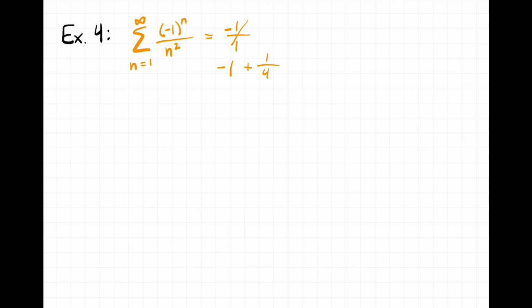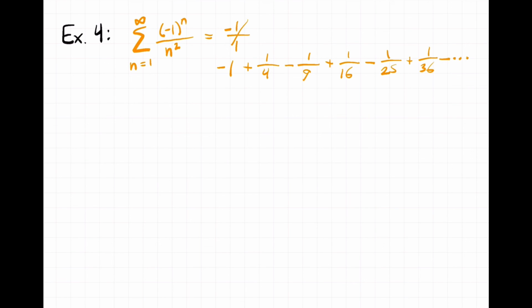Now n becomes 3, so negative 1 cubed is negative 1 again. We're going to have a minus here. And that'll be 1 over 3 squared, which is 9. And then we'll have plus 1 over 16 and minus 1 over 25 plus 1 over 36 minus, etc. Going on forever.